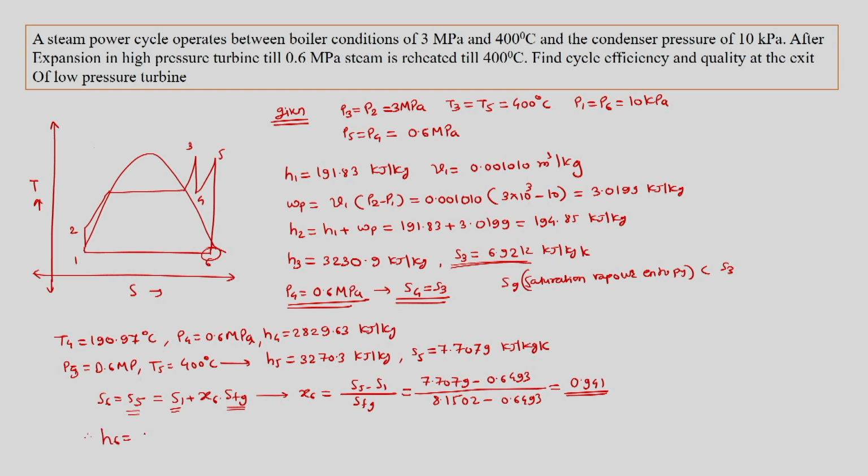So we can find H6 also by saying it is H1 plus X6 into HFG, which is 191.8683 plus 0.941 into HFG, and this HFG is HG minus HF, which is 2584.7 minus 191.83, and this gives us the value as 2443.52 kilojoule per kg.